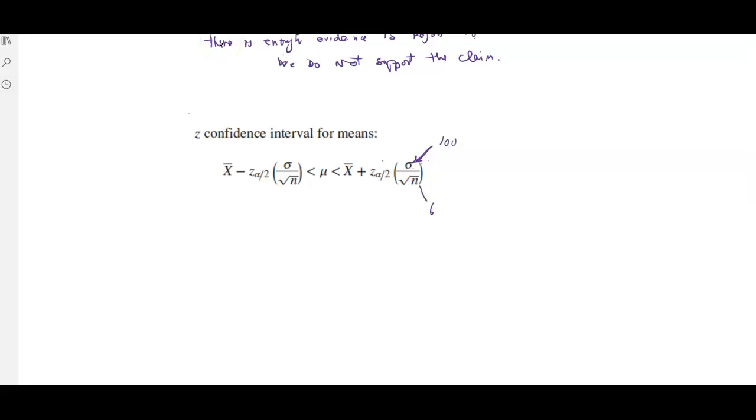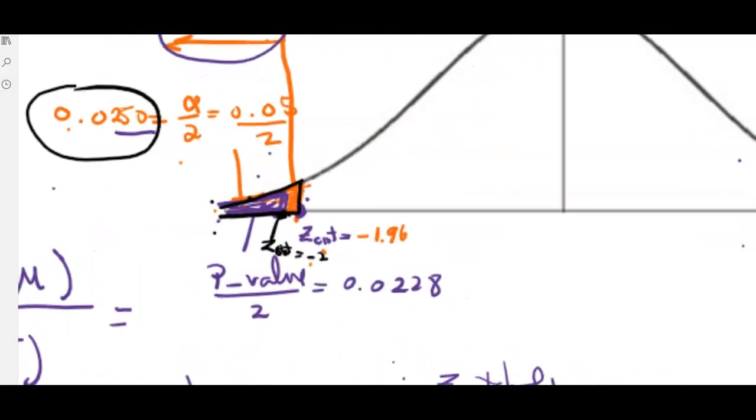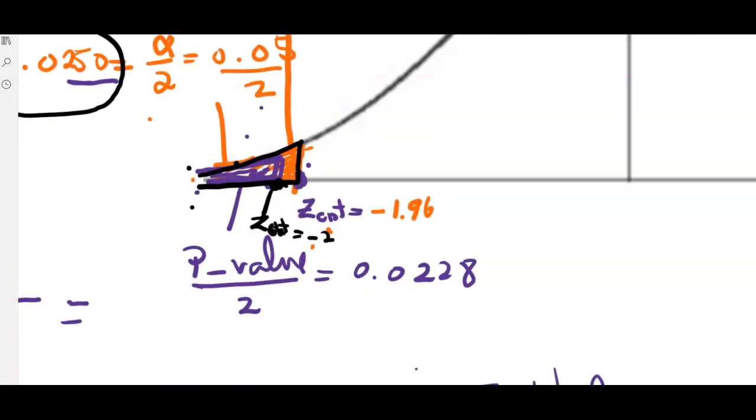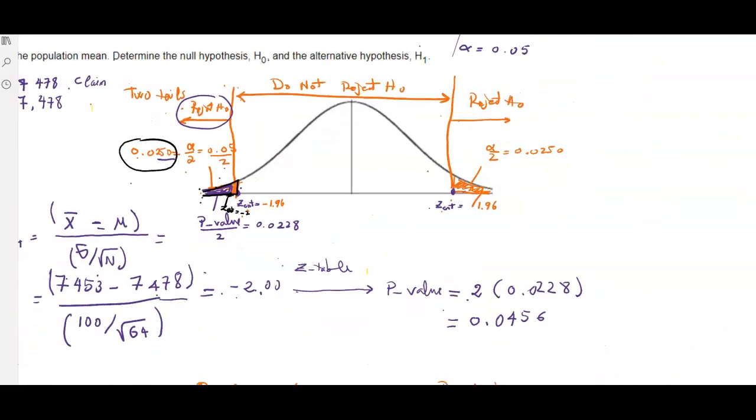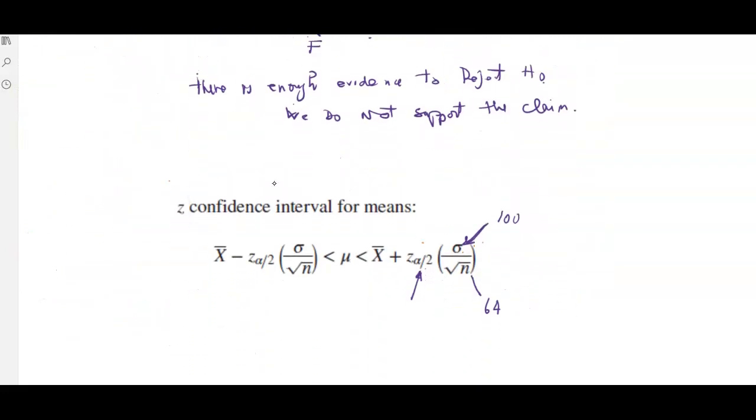The n is 64. For the Z alpha over 2, we use the table and say Z critical, which is 1.96. We take only the positive value here, because the formula already counts one positive and one negative.